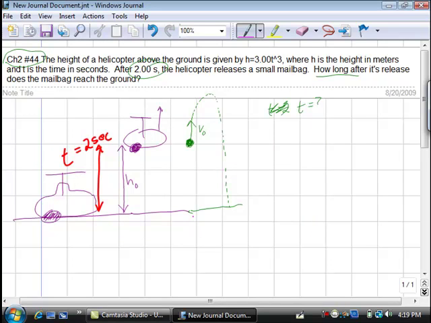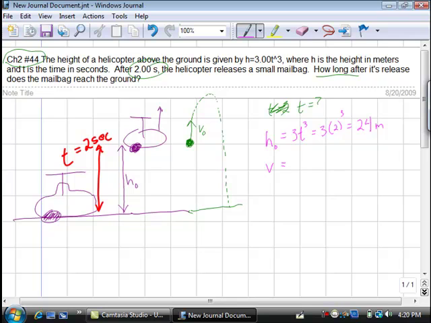So now what we know is the initial height is equal to 3 times t cubed, which is going to be 3 times 2 cubed, which is 8 times 3, that's 24 meters.